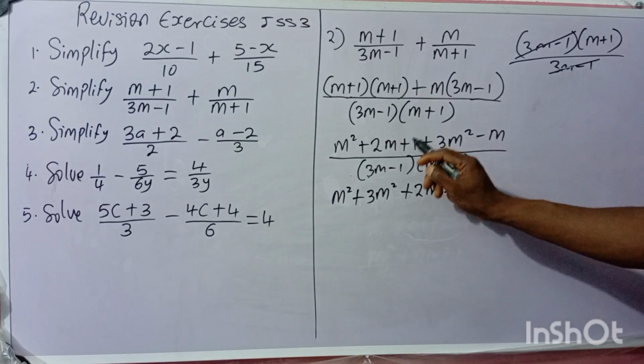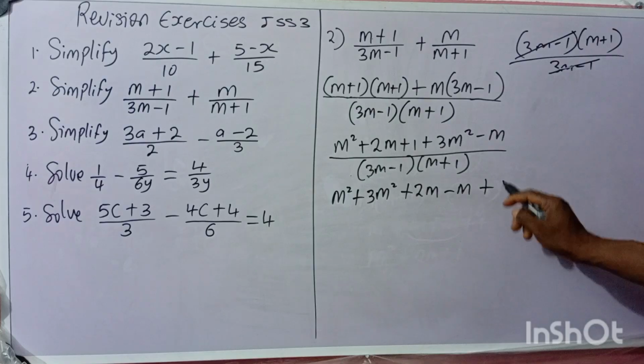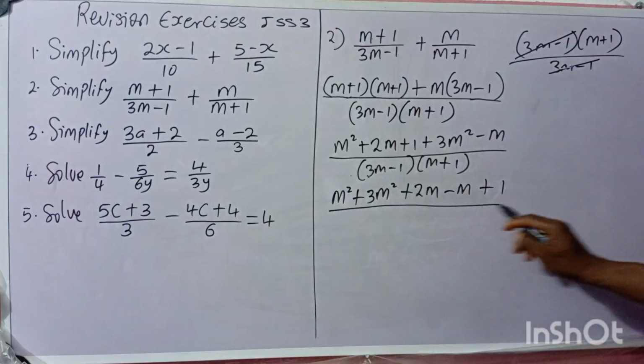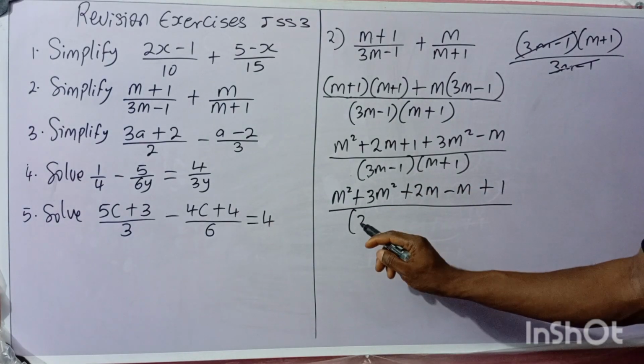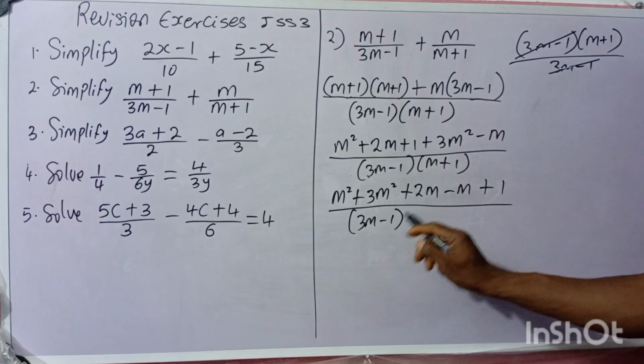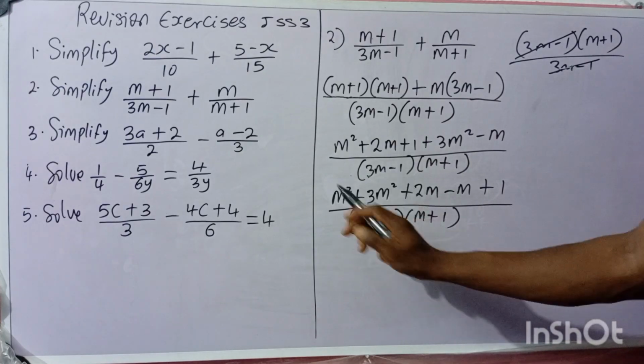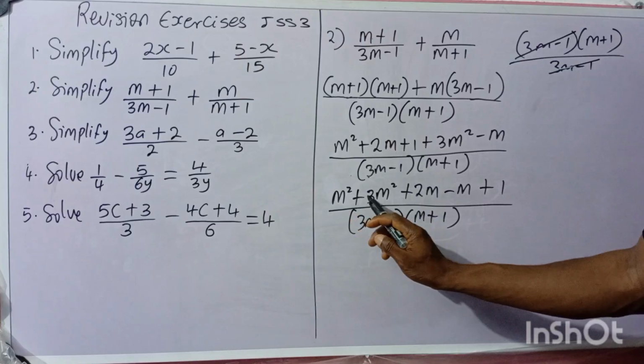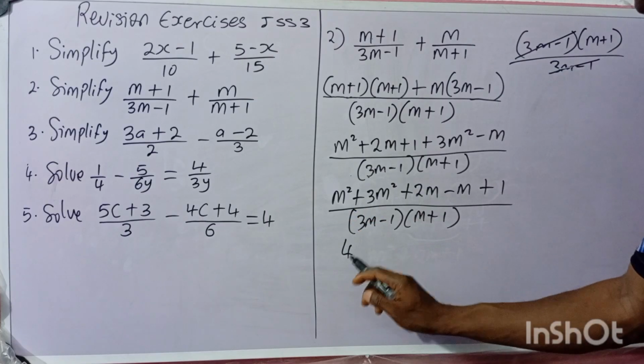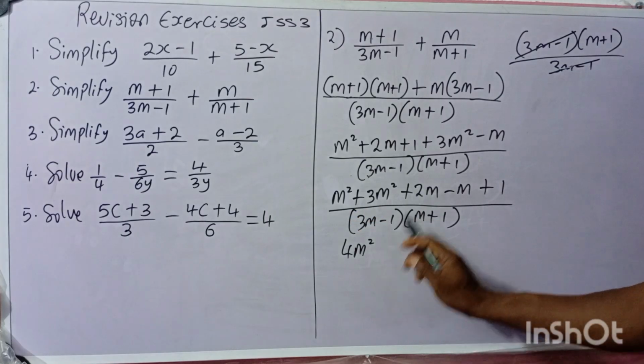Then a single number standing on its own, that is plus 1, all over the LCM, which is (3m minus 1)(m plus 1). So let's bring them together. 1m squared plus 3m squared will give us 4m squared.